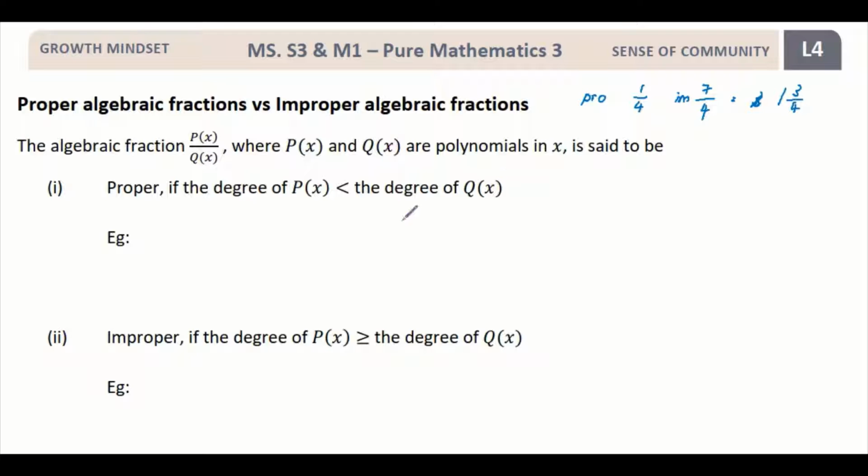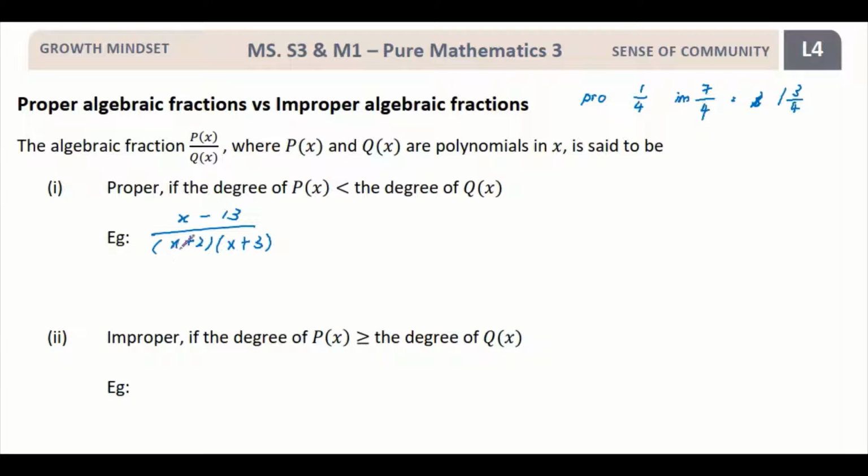Okay, so if I were to give you an example, maybe it will be like x minus 13 over x minus 1, x plus 3. You can see for the numerator, the degree is 1 because the highest power that you have is 1.